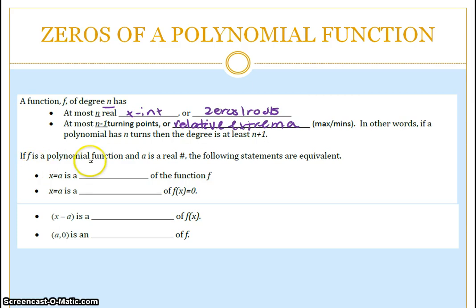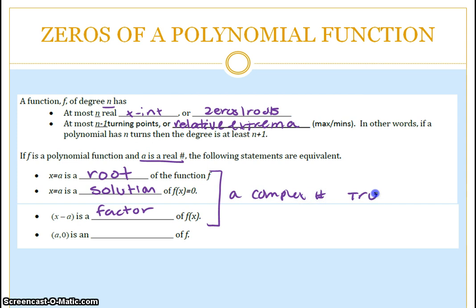Okay, so if a is a real number, x equals a is called the root of the function, or the solution to the function f of x equals 0. So when we said equals 0, you solved it. x minus a is the factor, and in fact, for the first 3, even if a is a complex number, it's also true.